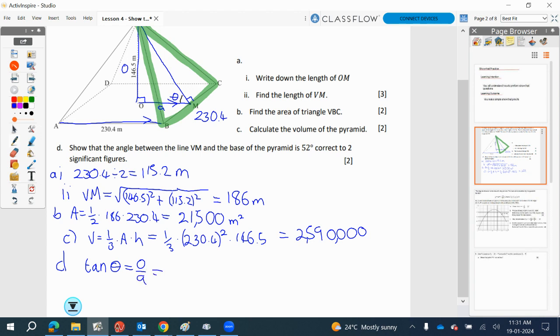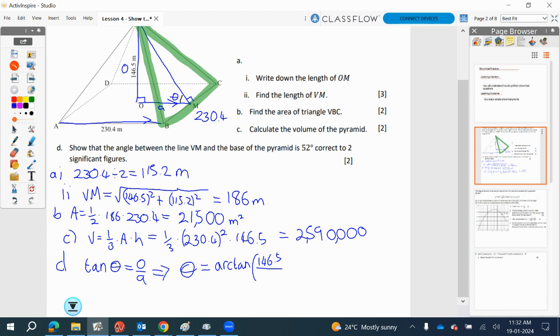So theta is equal to arctan, or tan to the minus 1, of 146.5 over... What's the length of the adjacent? 115.1. This tan to the minus 1 is the correct mathematical notation for the inverse tangent function.